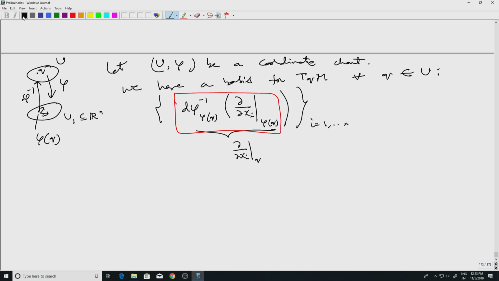So we have this basis, and now we also had a vector field.